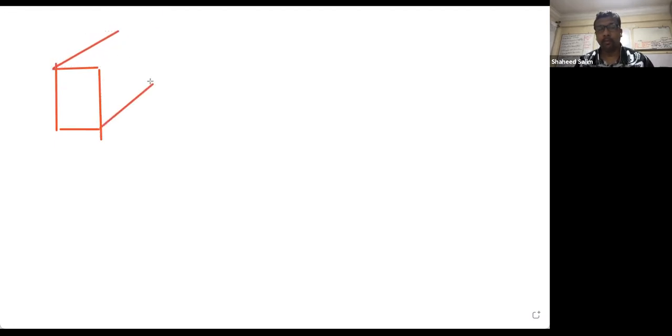Oh, sorry. Let me just, I'm going to draw a rectangular cuboid. So let's see like that. This is a rectangular cuboid. The example is not drawn so well, but you get the gist of what I'm telling you.